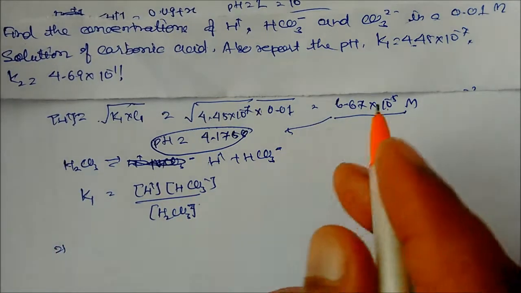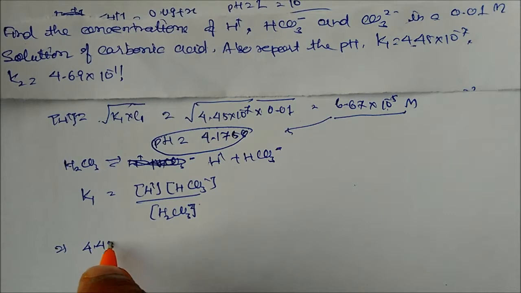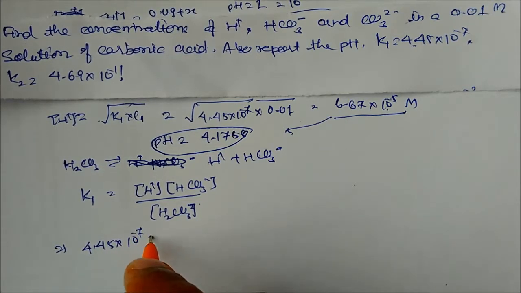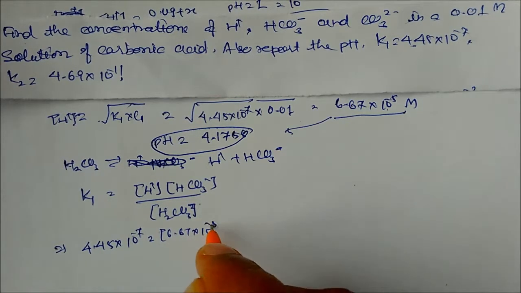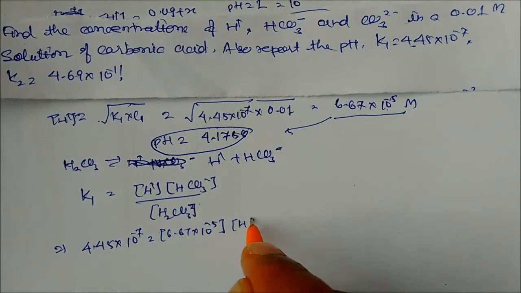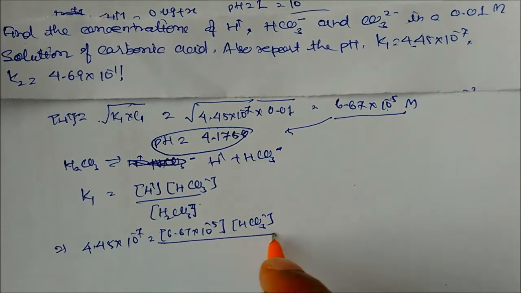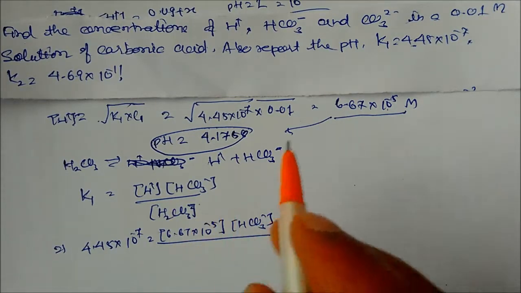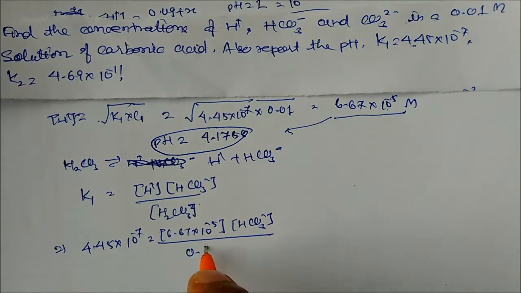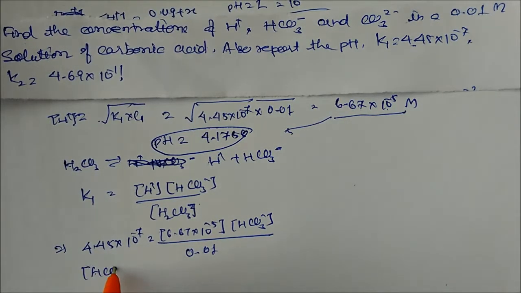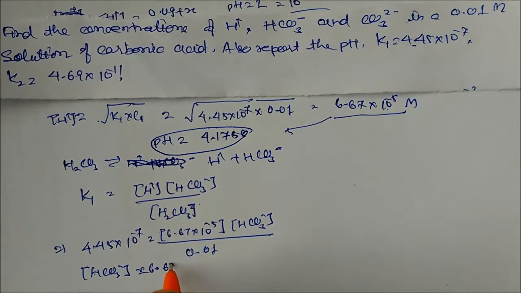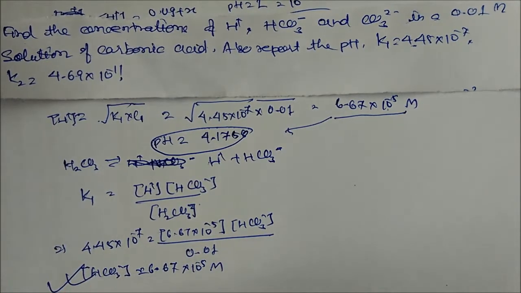K1 is given here, 4.45 into 10 to the power minus 7, and this will be the concentration of H plus, 6.67 into 10 power minus 5, multiplied by the concentration of HCO3 minus, which we don't know, divided by the concentration of H2CO3, given here as 0.01 molarity. On solving, we will get the concentration of HCO3 minus, which is nothing but 6.67 into 10 power minus 5 molarity.